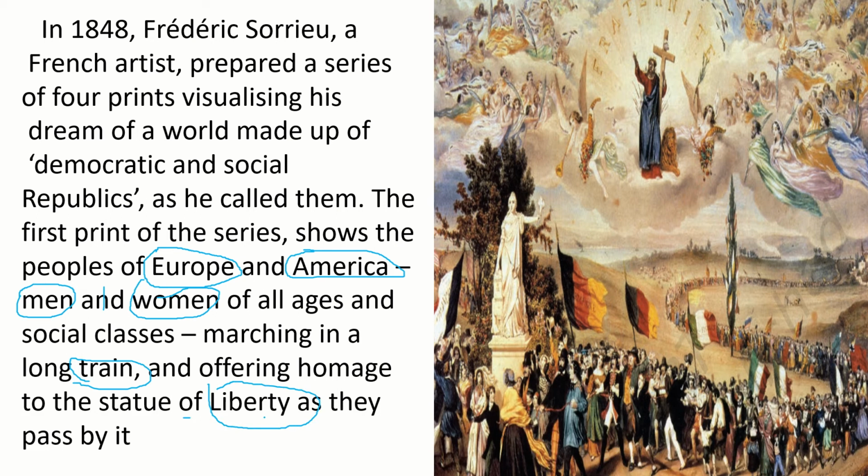It means in this picture, the Europeans are there, Americans are there, men and women of all ages and social classes, and they are marching a long distance to the Liberty statue by paying homage. Homage is nothing but paying respect to the Statue of Liberty.